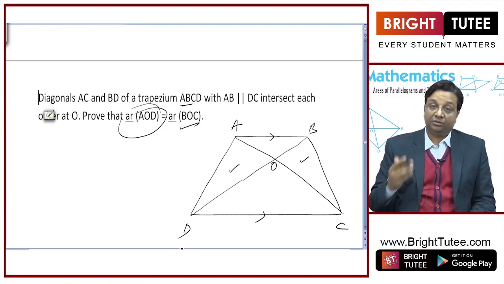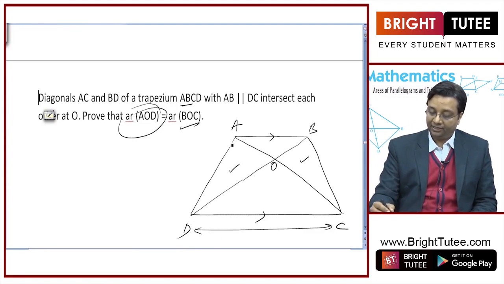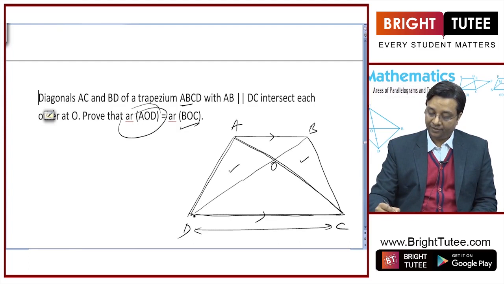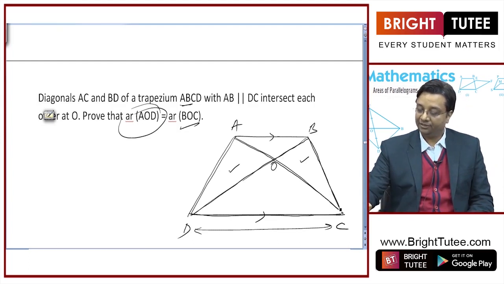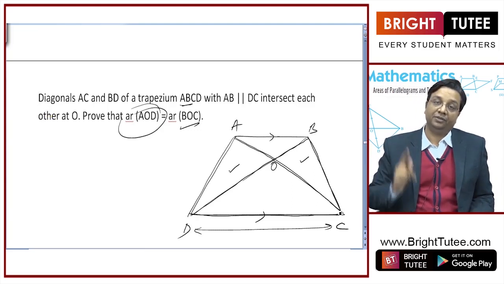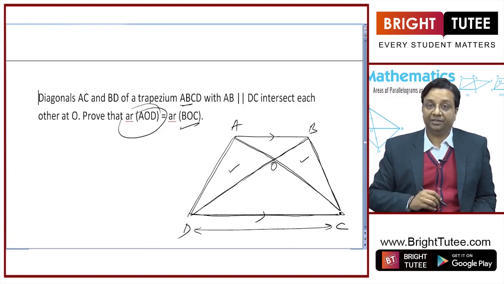Now imagine in your mind base CD and triangle ADC, and with the same base CD another triangle CDB. These two triangles will have equal areas because they lie on same base CD and between same parallel lines AB and CD. Okay, so these have equal areas.